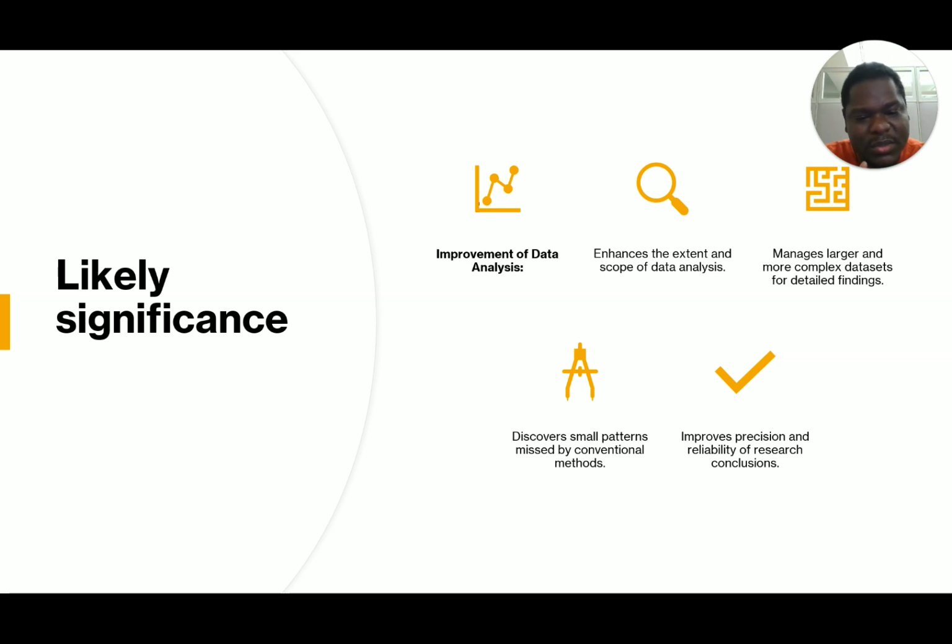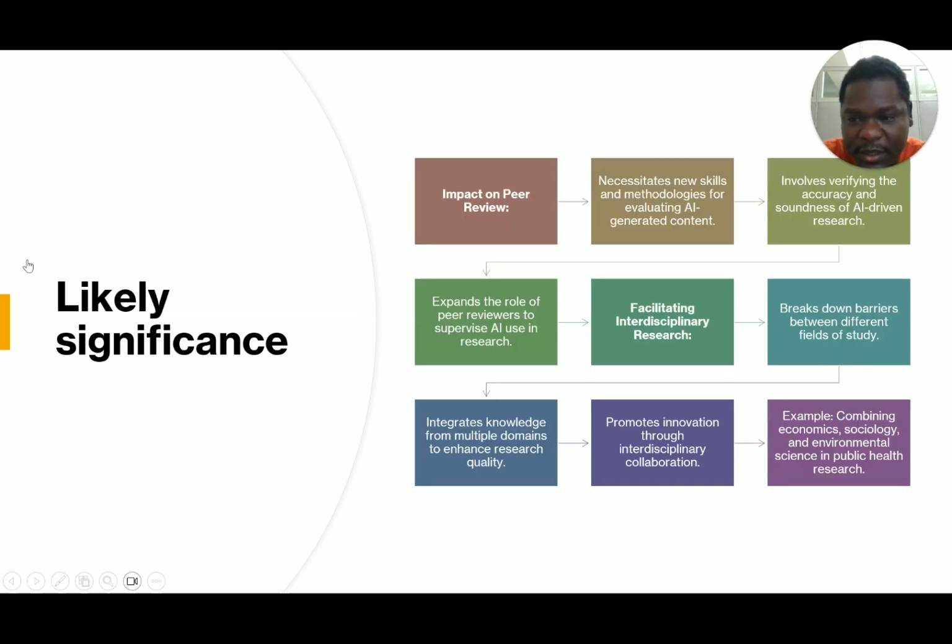You might miss some data or some trends or some patterns, but over-familiarity is a human problem, but for machines it's kind of easy to do. So it also improves precision and reliability of research, provided that it is verified by humans. So once it's verified, it can be precise to the point.